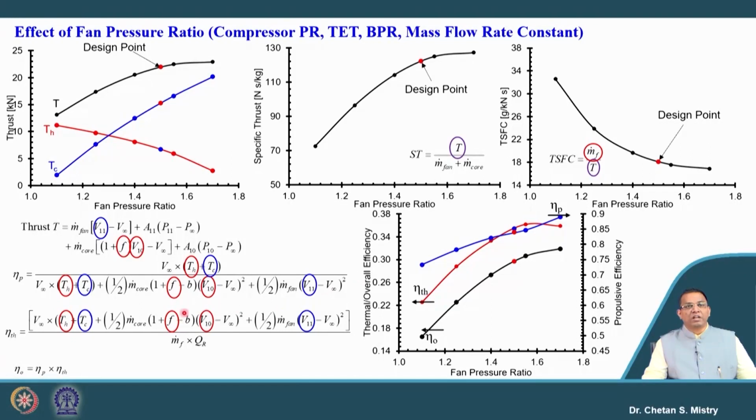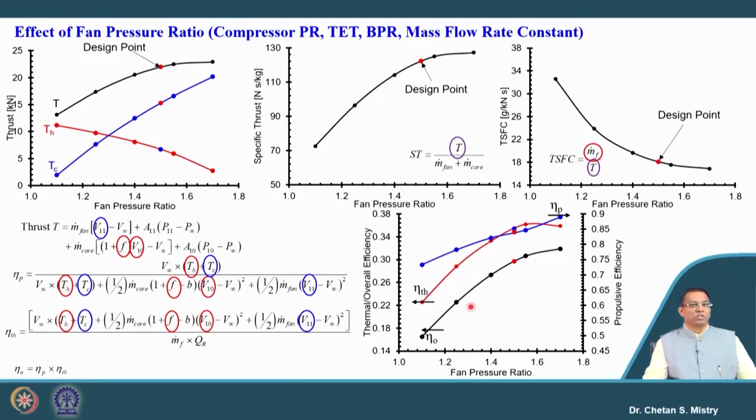You can see in this case the rise of my cold thrust leads to an increase in our thermal efficiency. At the same time, because my cold thrust is higher, that leads to an increase in our propulsive efficiency, and in the overall sense we will be having a rise of overall efficiency with the increase of fan pressure ratio.